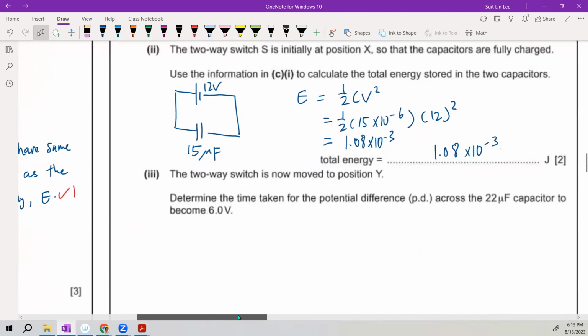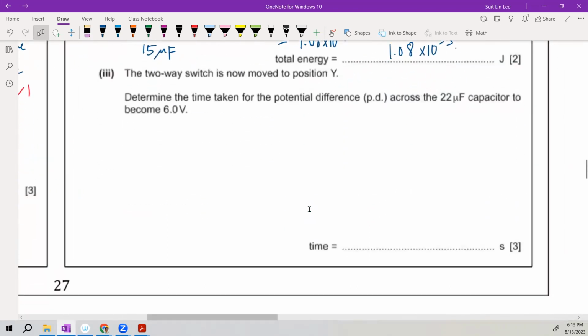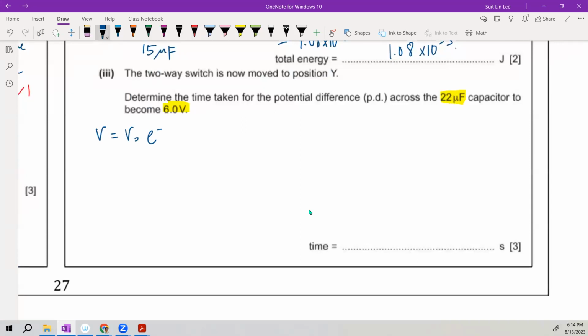Okay, so moving on. We're now going to push the two-way switch to position Y. And you're asked to find the time taken for the potential difference across the 22 microfarad capacitor to become 6 volt. Now, before you become very happy, by happy, I mean you just go and copy the equation V is V naught e negative t over RC, you gotta calm down first.